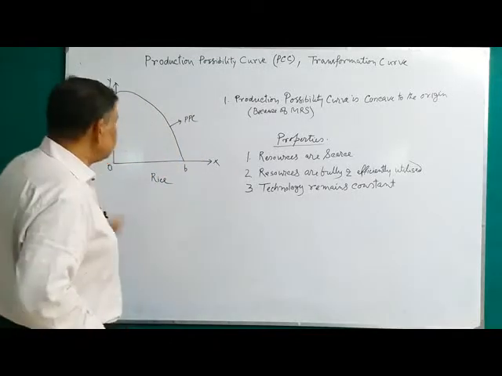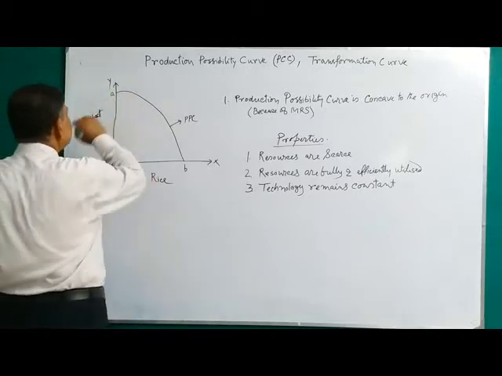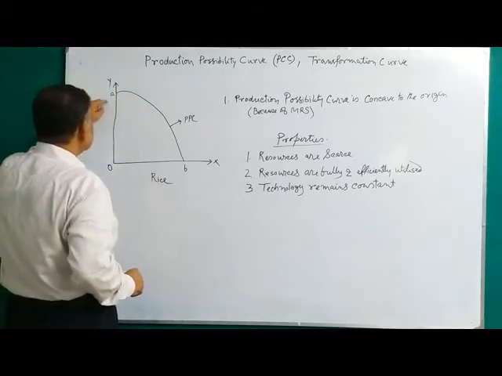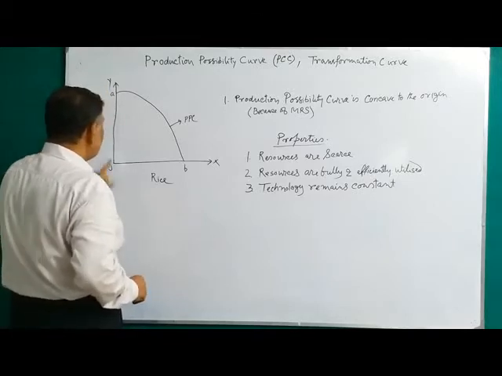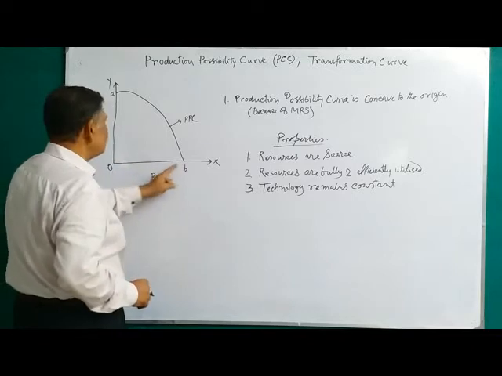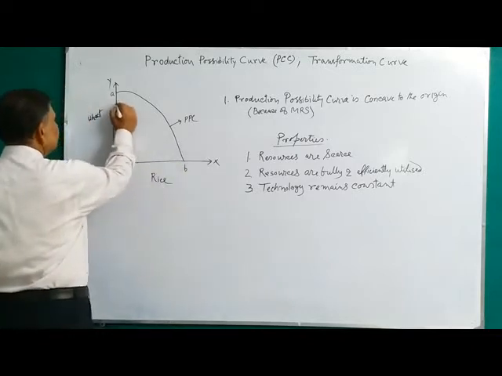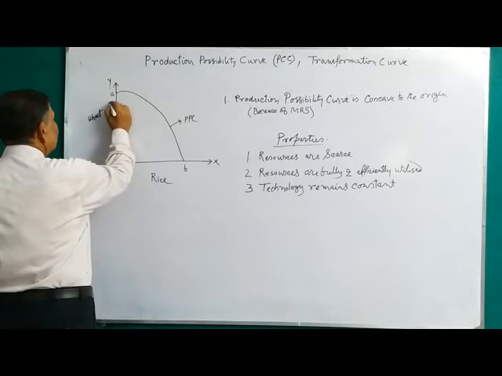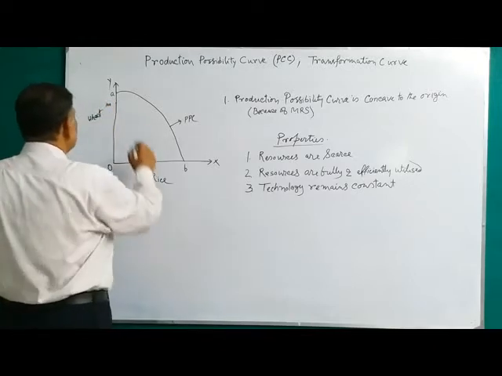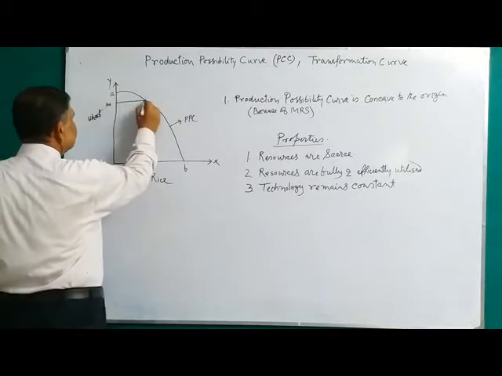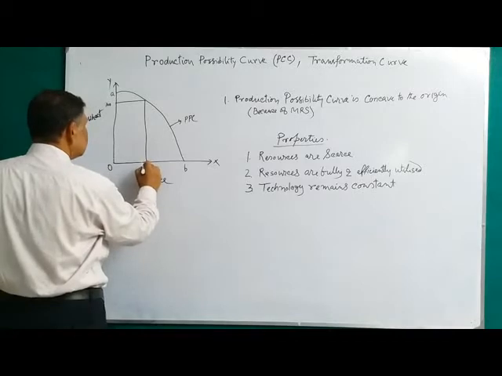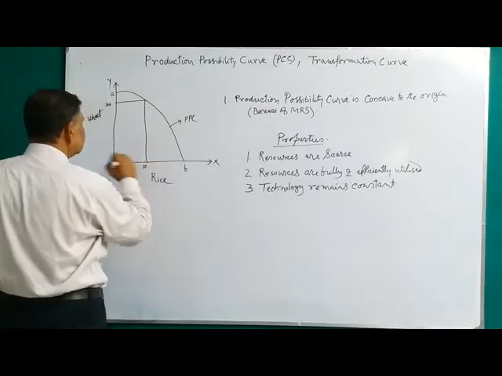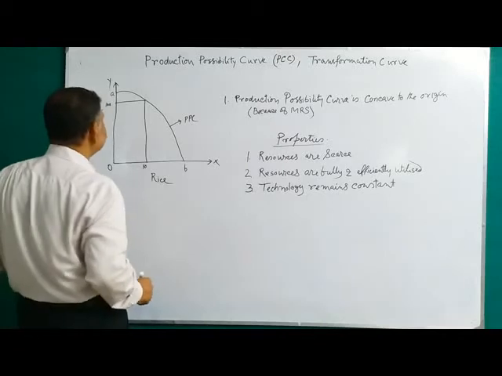Now you know that if you want to get only wheat, then you will get OA amount. Or if you want rice, then OB amount. Suppose you want to get 100 quintals of wheat, then you will get, suppose, 10 quintals of rice.